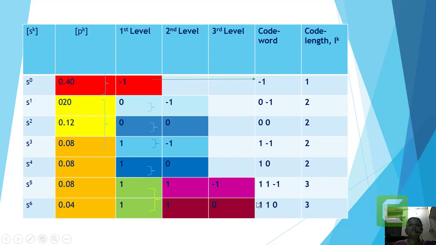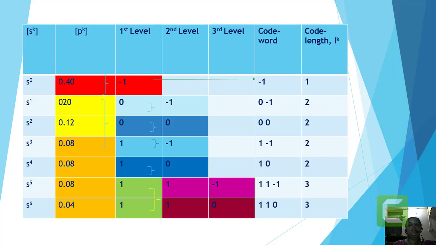This is how, from this table, after arrangement of the given symbols in decreasing order of probability, we will do the first level, second level and third level grouping as per the step, until every group will have single symbol representation.